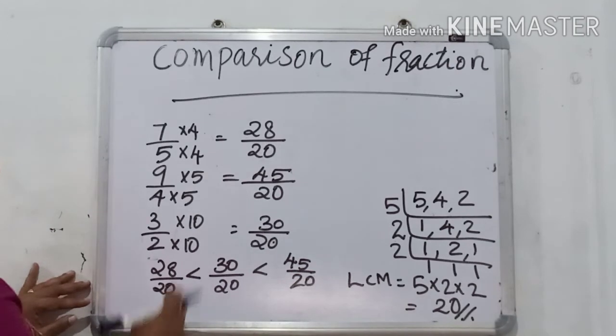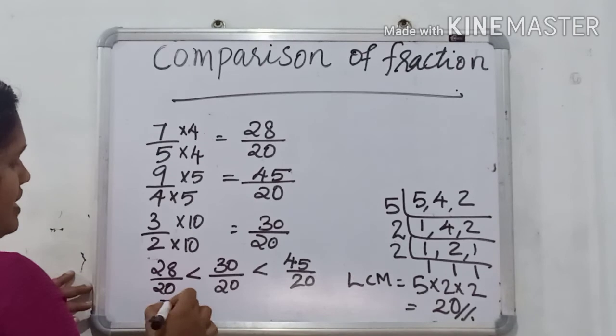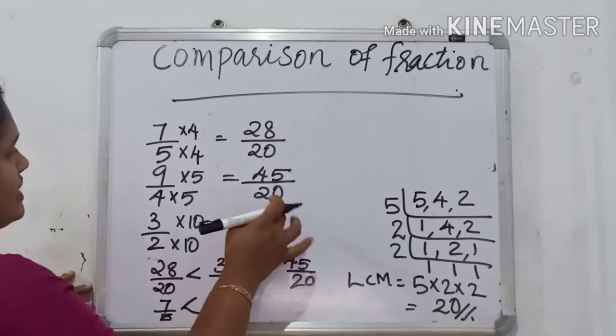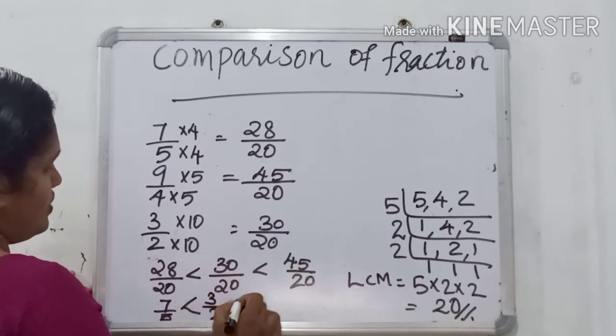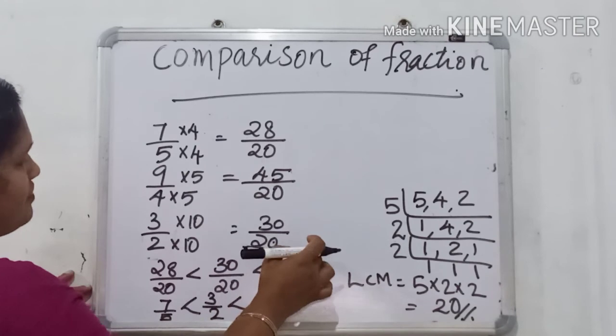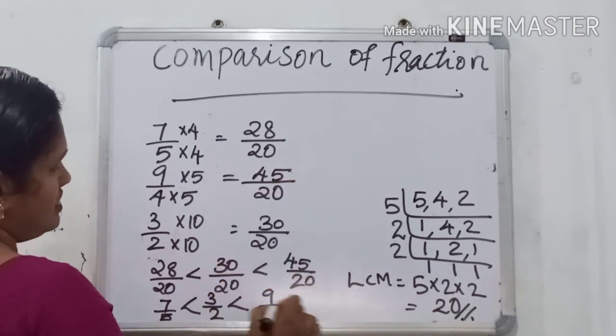Okay. Then 28 by 20 equals 7 by 5. 7 by 5 less than. Then 30 by 20 equals 3 by 2 less than. Next 45 by 20 equals 9 by 4.